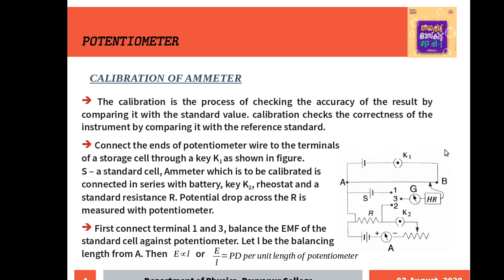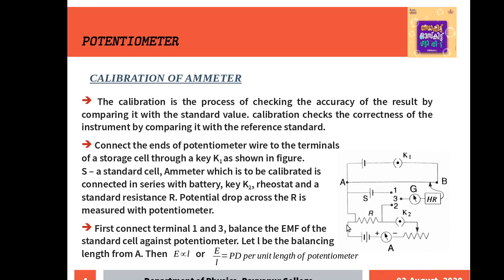This is primary and this won't change in any case. In the secondary, you see two circuits. One has a standard cell. You have to see that the positive of the standard cell is connected to common point A, and the negative is connected to another terminal we call 1.